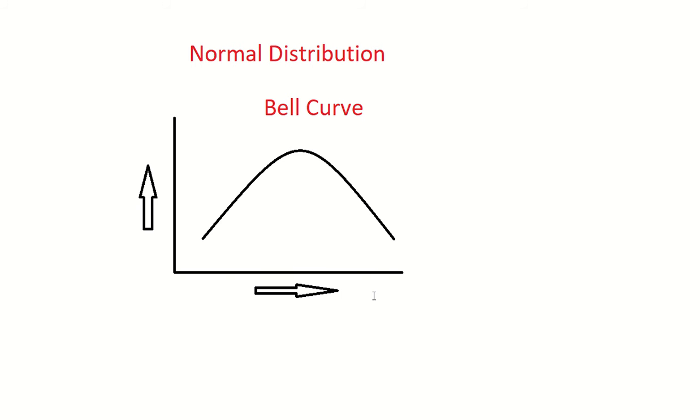So here, as in any graph or curve, we will have one x-axis. In this case, the x-axis will be your data of interest, and the y-axis would be the normalized values of your data.